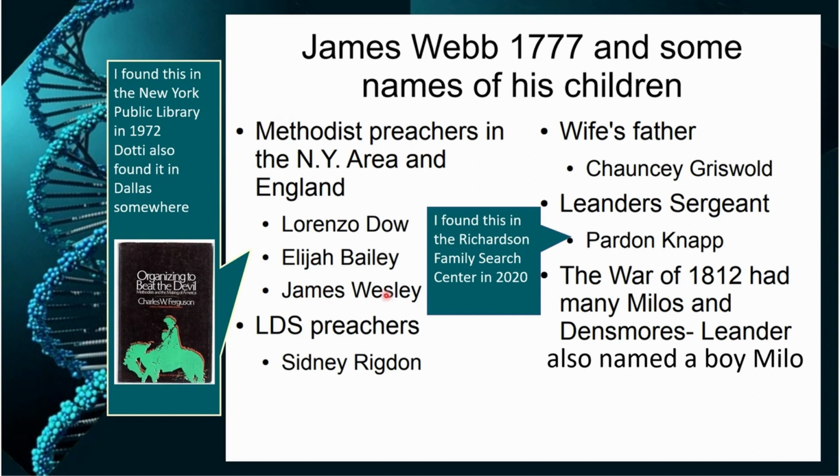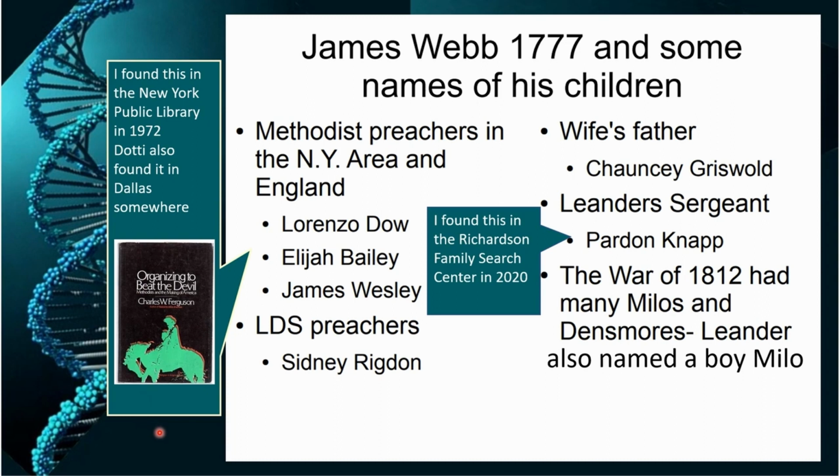And then in 1972, in the New York Public Library, I found a book. Dottie also found this in Dallas somewhere later on. But the book was called Organizing to Beat the Devil, a Story of Early Methodist Preachers. And all three of these guys were Methodist preachers in the New York area.